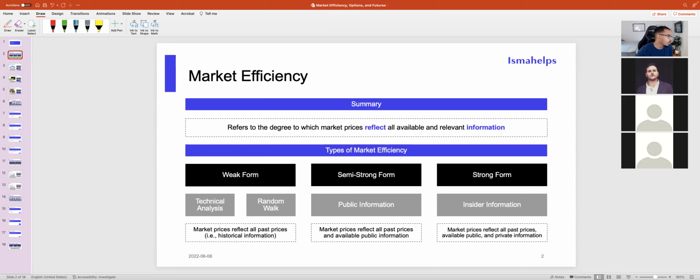Okay, well, let me just double check then. I know a student told me where they were at. Give me a sec. That's market efficiency and options.